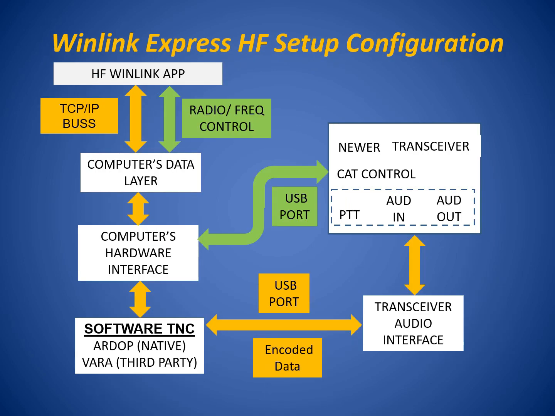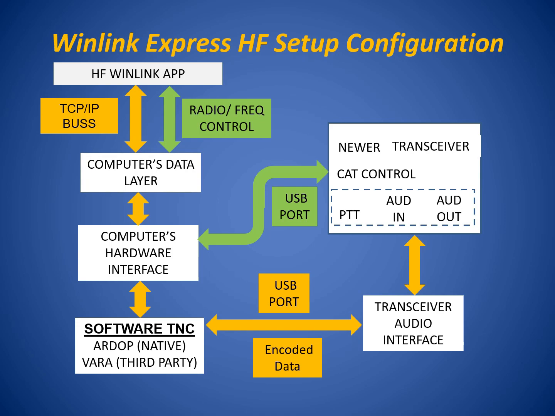This is the configuration for Winlink HF on a newer transceiver. You'll see that the transceiver uses a USB port. It's a single port, but it's shared between radio control and the software TNC data that's been encoded and sent to the receiver's audio interface.